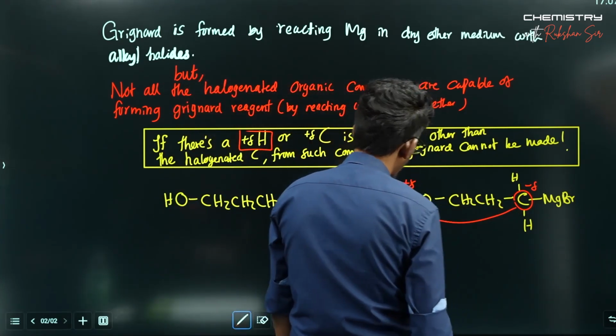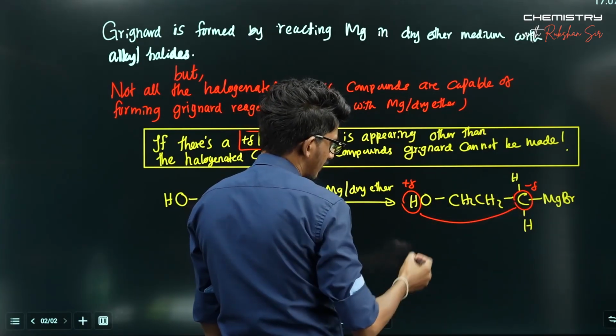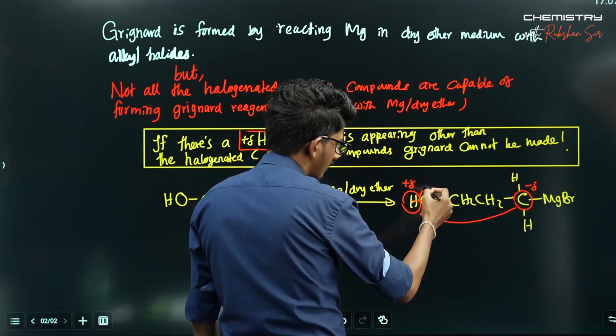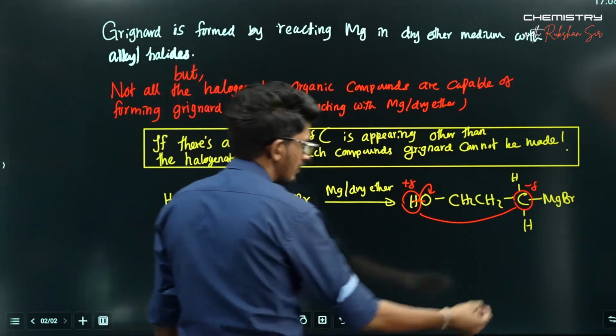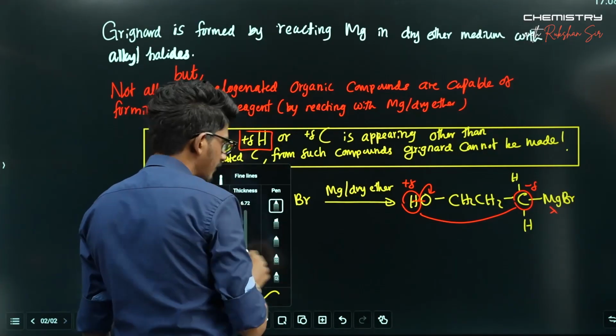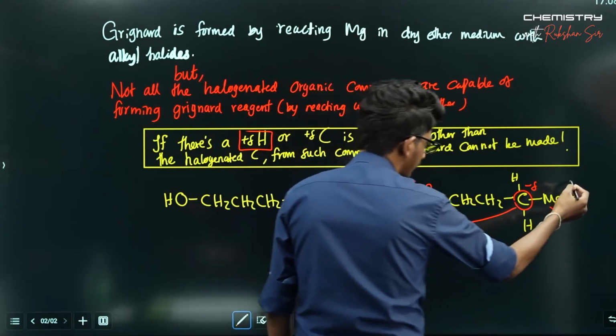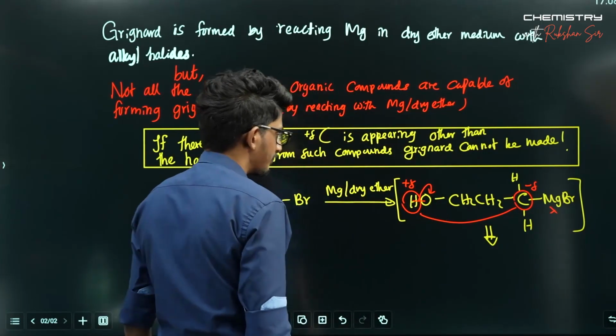And when the hydrogen forms that bond with this carbon, the 2 electrons of the hydrogen will be given to the oxygen. This thing will also leave. So I'll write what kind of compound will form then.